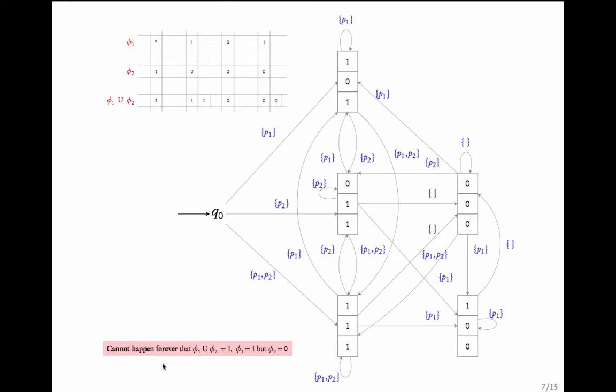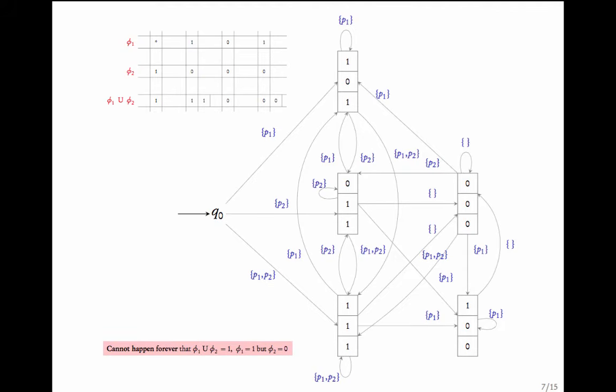To ensure this criterion, we will make this a non-accepting state. And states where phi1 until phi2 is 1 and phi2 is 1 are safe. And states where phi1 until phi2 is 0 are also safe. Only the states where phi1 until phi2 is 1, phi1 is 1 and phi2 is 0 cannot keep occurring forever.